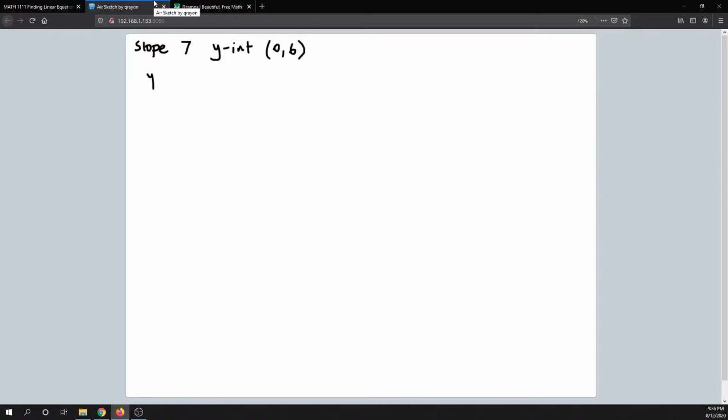The slope-intercept form is y equals mx plus b, where m is the slope, and so that would be 7 in this case. The y-intercept would be 6, so b would be 6. So the equation for that line would be y equals 7x plus 6.